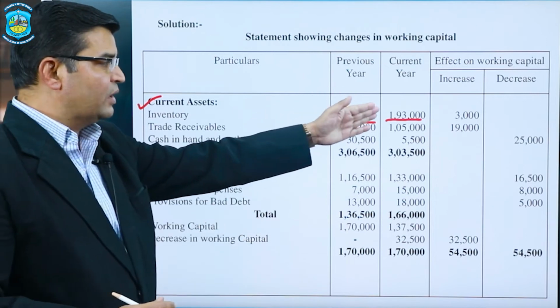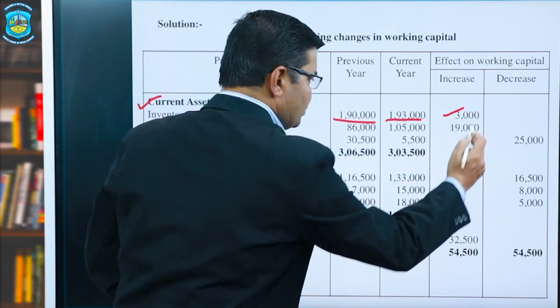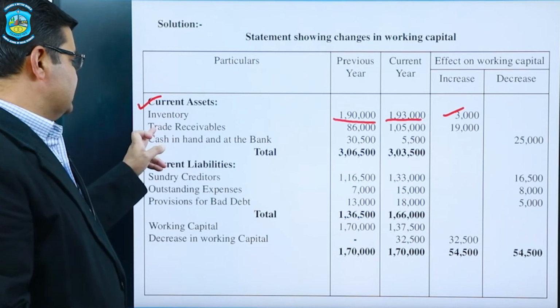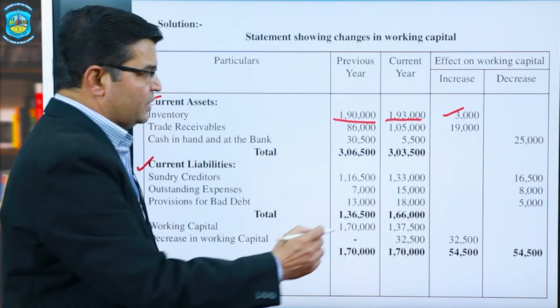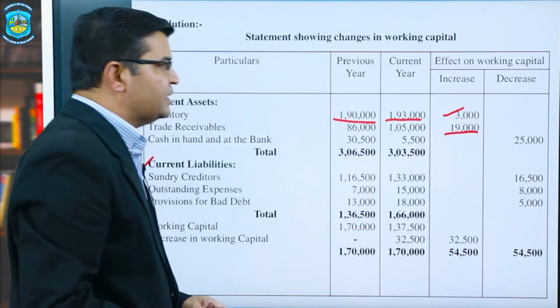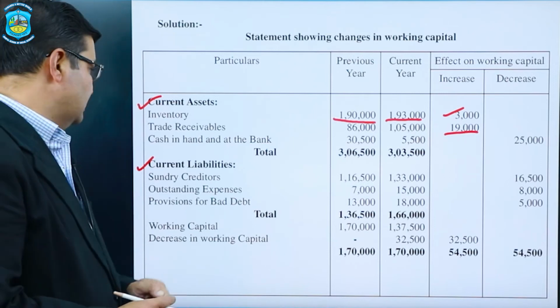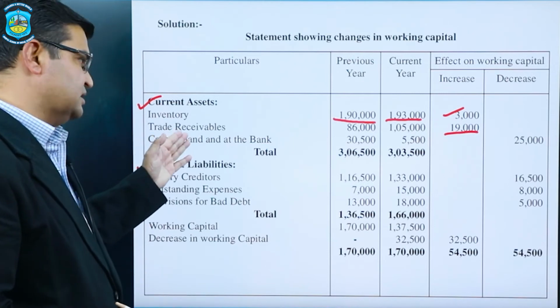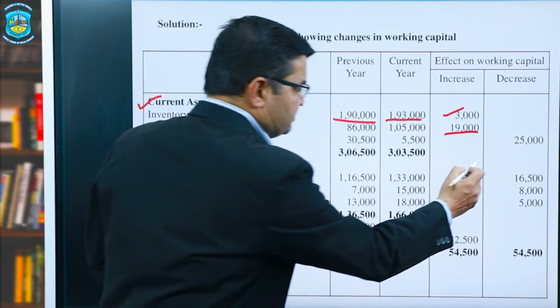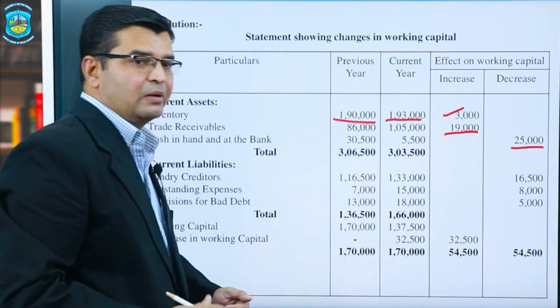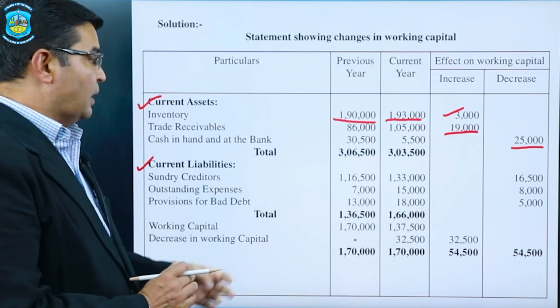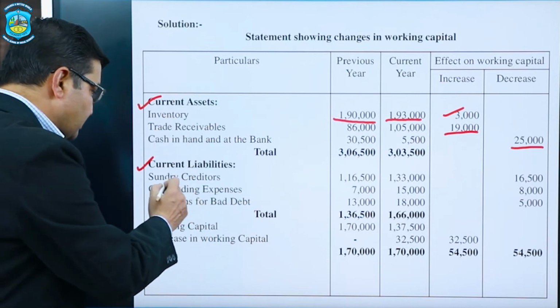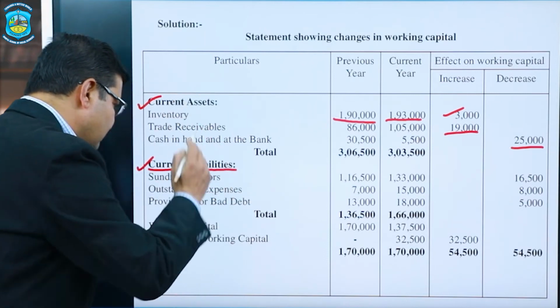This 190 and 193 has increased by rupees 3,000, whereas trade receivables have increased by 19,000 rupees during the year. And as far as cash in hand is concerned, cash in hand has reduced by rupees 25,000 during the year. Apart from all these current assets, now we'll understand some current liabilities.